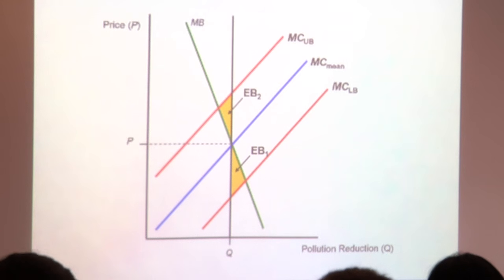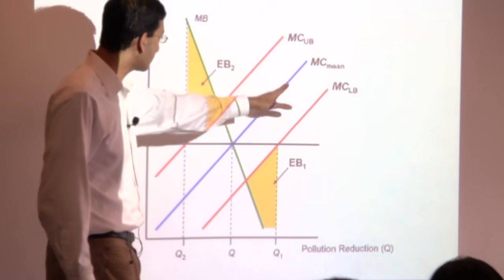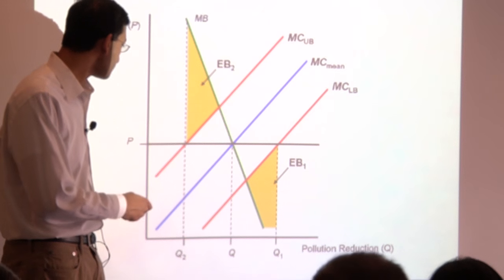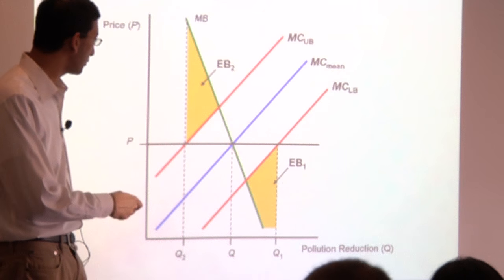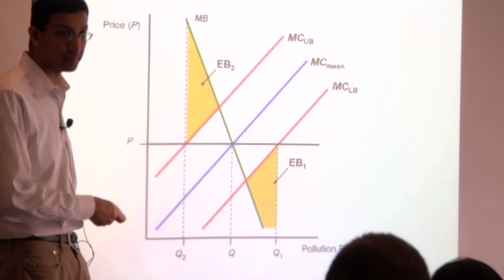So the next case, this is quantity regulation, and we see that it has some expected costs. So we compare that now with price regulation. How does price regulation work? I think the marginal cost curve is going to be given by this blue line, and I set the price at the appropriate level in order to achieve the optimal quantity given that marginal cost curve.